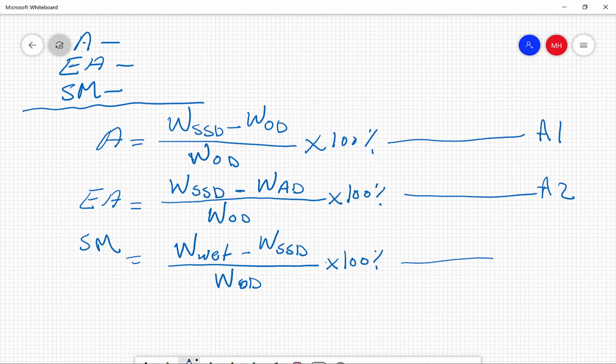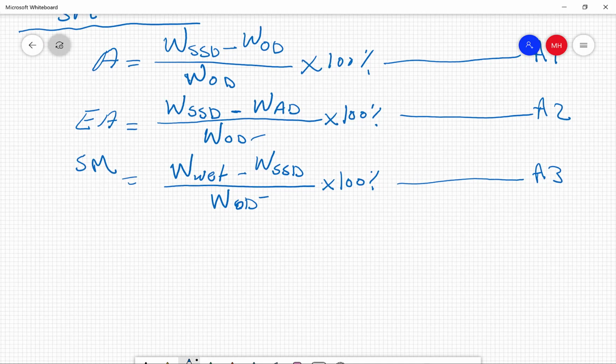Let's call this equation A3. All right. So again, equations A2 and A3 are basically the same as the definitions based on the SSD moisture state, except that the denominator is now the OD weight. If you go back to lecture 24, you can recall these equations.